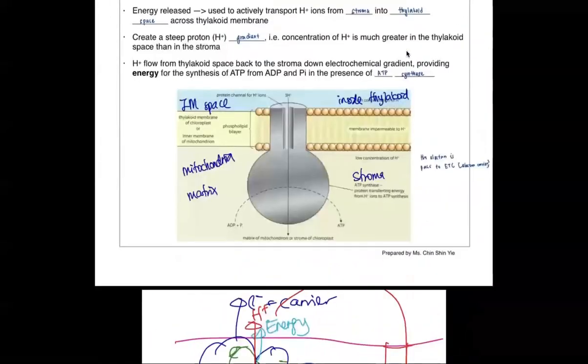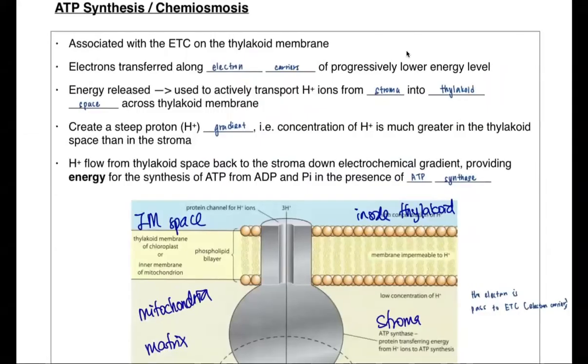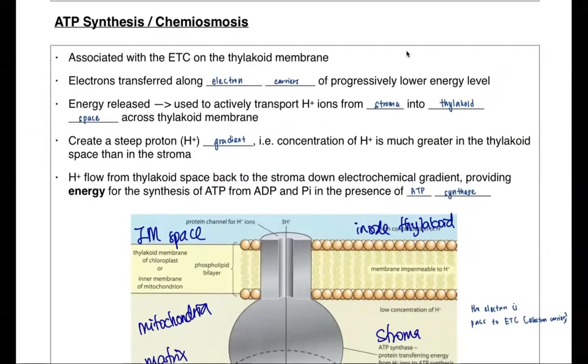So if you look here, there is also an electron transport chain in the thylakoid membrane. The electrons coming from chlorophyll are going to be transported across it, and the energy released is also used to pump hydrogen ion from the stroma into the thylakoid space.